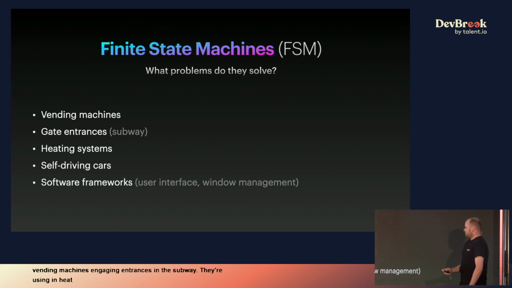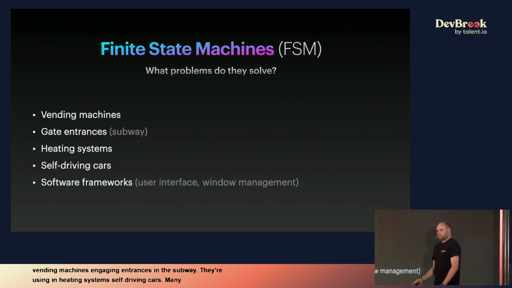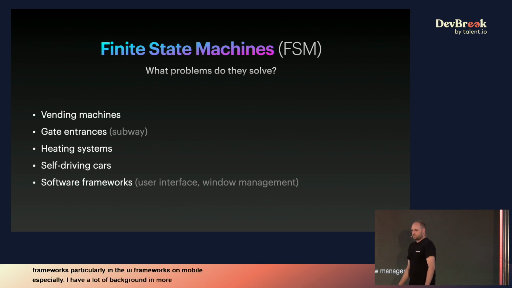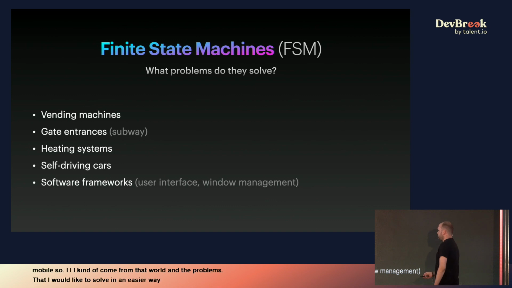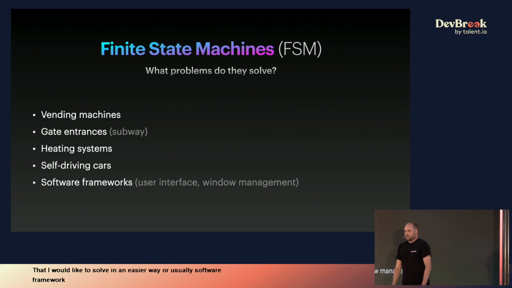They're used in heating systems, self-driving cars, many software frameworks, particularly UI frameworks, on mobile especially. I have a lot of background in mobile, so I come from that world, and the problems that I would like to solve in an easier way are usually in software frameworks.